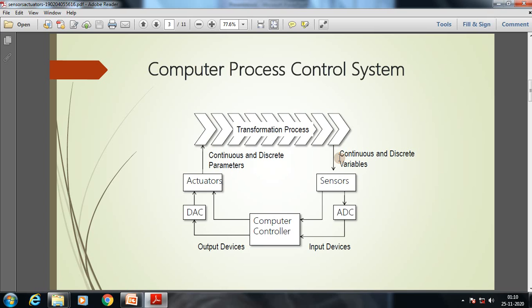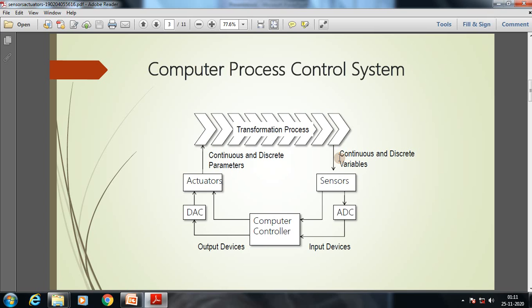It converts them into digital format and feeds them to the computer controller, which only understands 0 and 1. The data is stored in digital format, and the processor processes it. The output is converted from digital back to analog using the digital to analog converter, which provides the analog output.